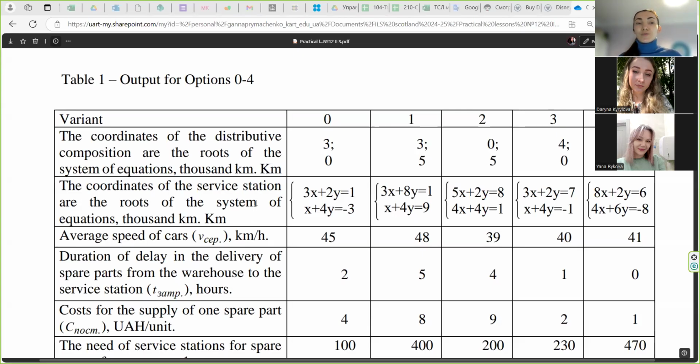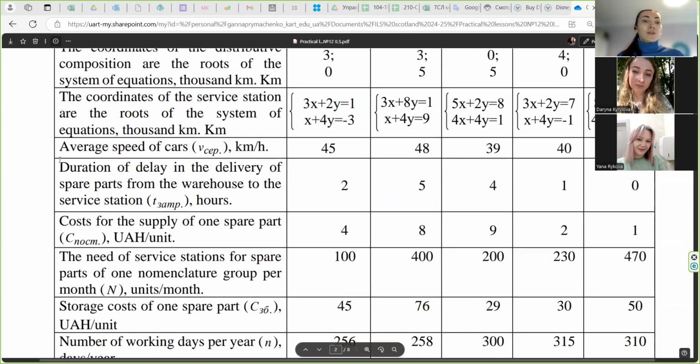The next parameter is the average speed of cars in kilometers an hour. We have this information, near 30 kilometers. In some variants more, some variants less. We also have the duration of delay in the delivery of spare parts from the warehouse to the service stations.